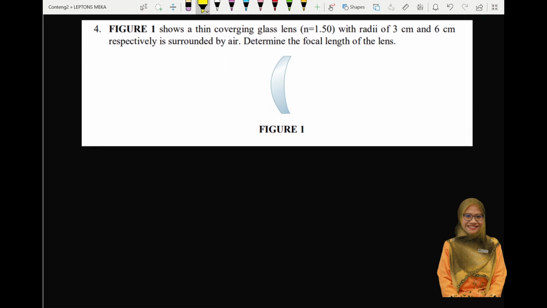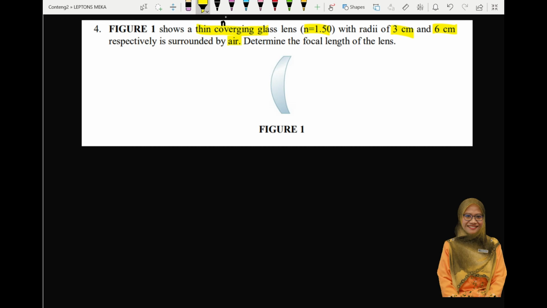Okay, figure 1 shows a thin converging lens, sorry, typing error, converging, ada N kat situ, with the refractive index 1.50 and two radii of 3 cm and 6 cm respectively, surrounded by air.